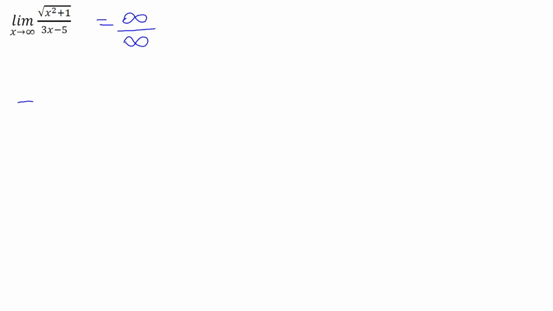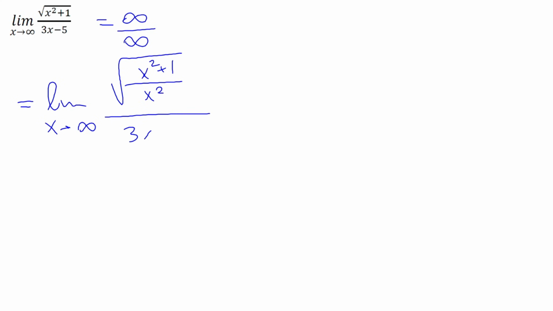So we have to remember that the appropriate way to solve limits like this is to just divide inside of the square root by x squared, which means that in the denominator, we also have to divide by the square root of x squared. Now, dividing by the square root of x squared means that we have to think about what that is. Well, the square root of x squared isn't just x, it's actually the absolute value of x.